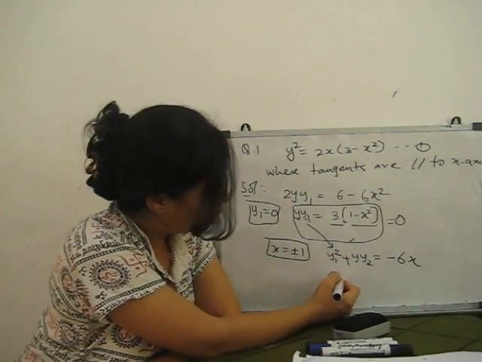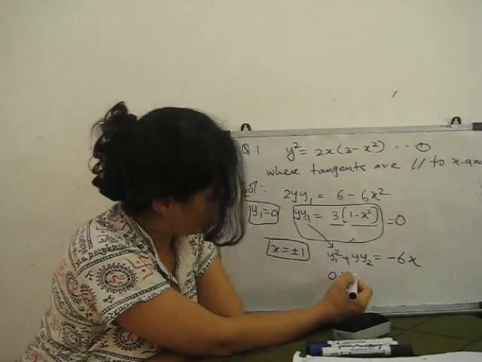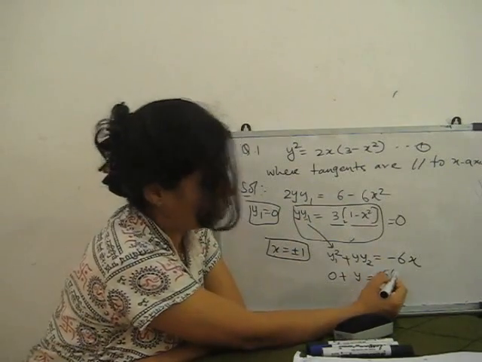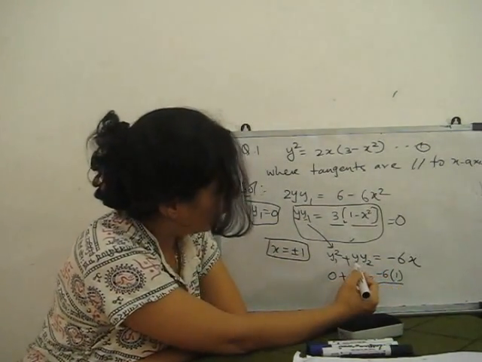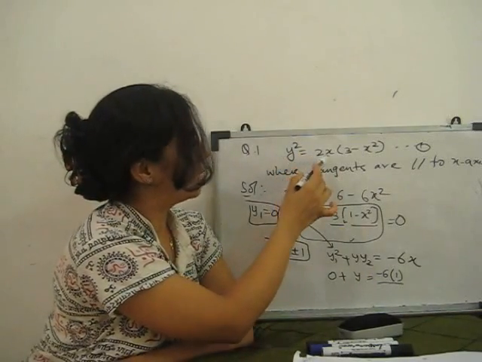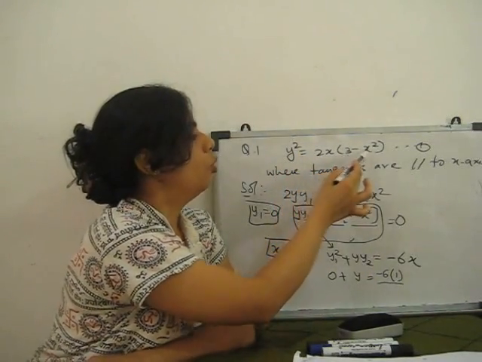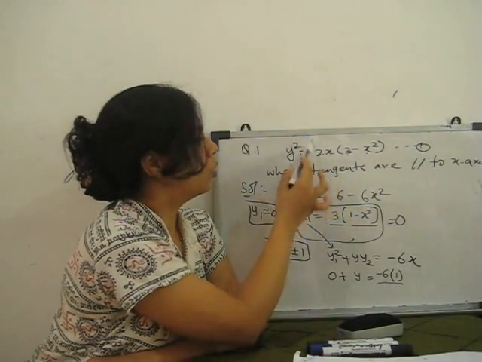y1 is 0, so y2 equal to minus 6 into x, which is 1, divided by y. What is y? When x is equal to 1, see here, 3 minus 1 is 2, and 2 times 1 is 2, 2 twos are 4.